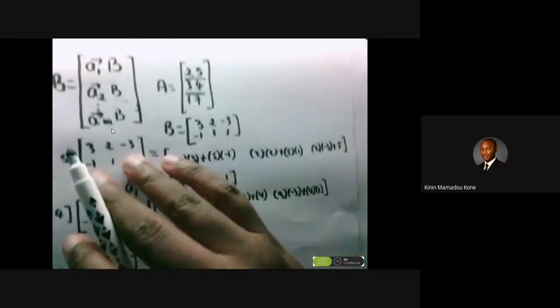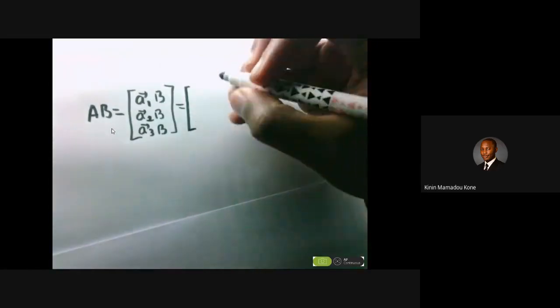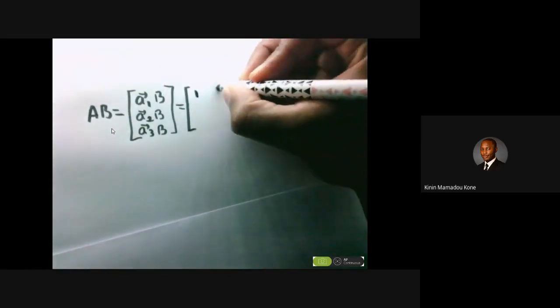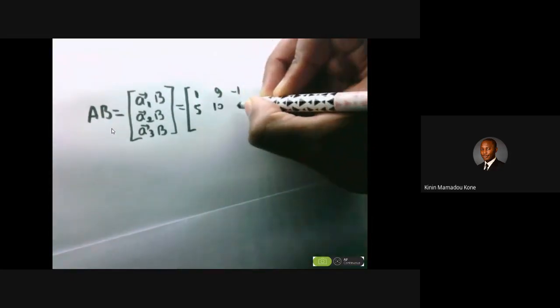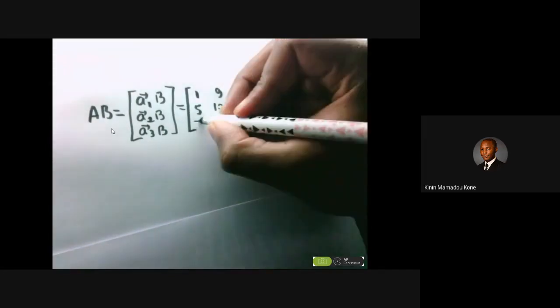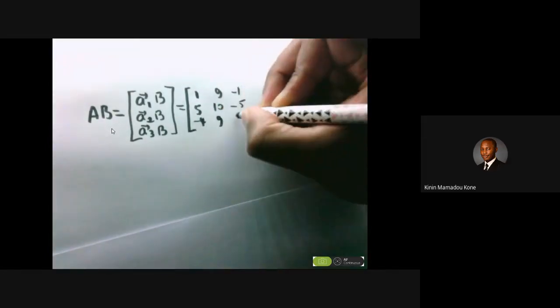So that's going to be 1, 9, and negative 1, 5, 10, and negative 5, and negative 4, 9, and then 4.